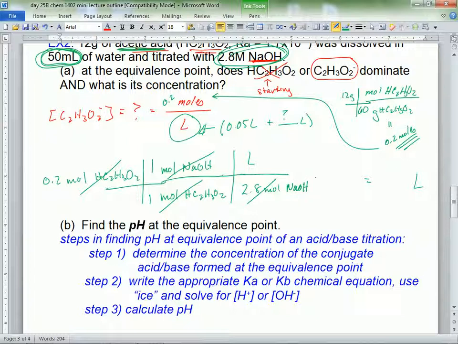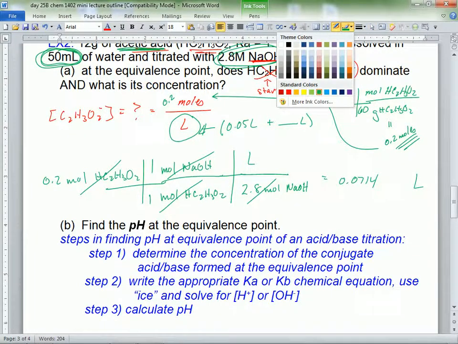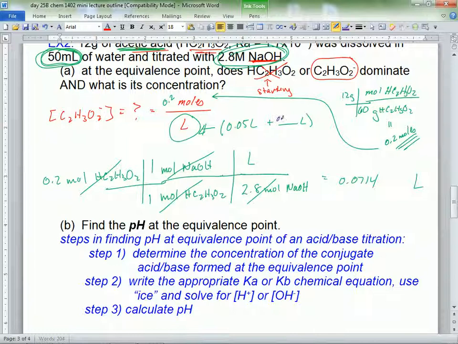Okay, so keep going here. 0.2 divided by 2.8. 0.0714. Okay, so that has to go right here. Now you gotta add it to 0.05, divide it into 0.2, so now what do you get?